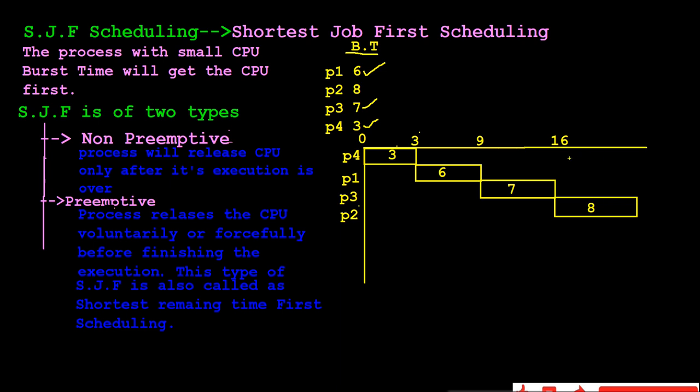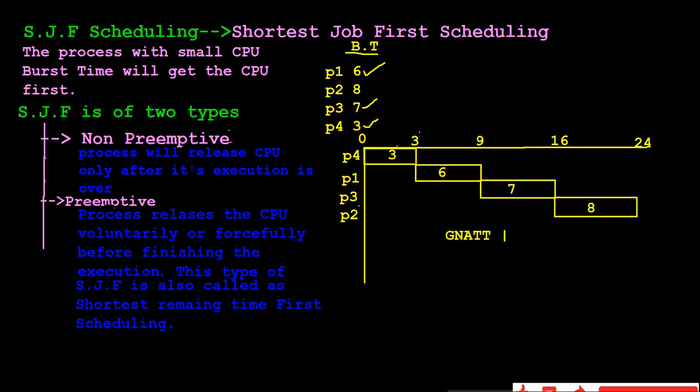It started at the 16th second and for 8 seconds it is continuously executing. So 16 plus 8 means it will finish the execution at the 24th second. So this is the Gantt chart, the SJF Gantt chart.